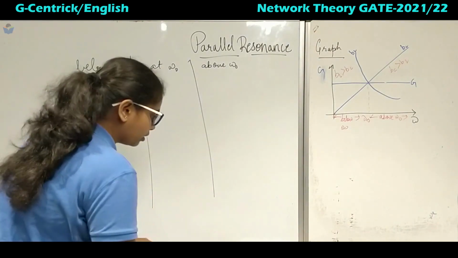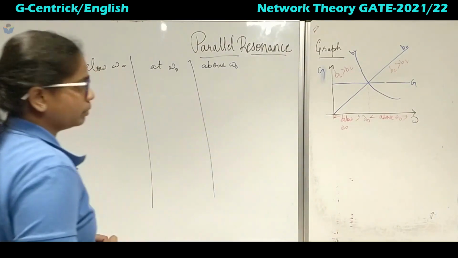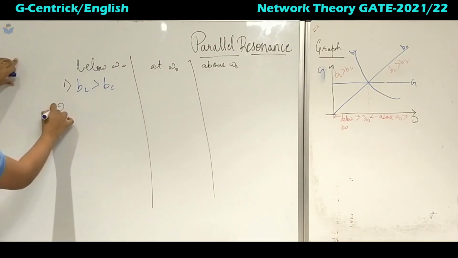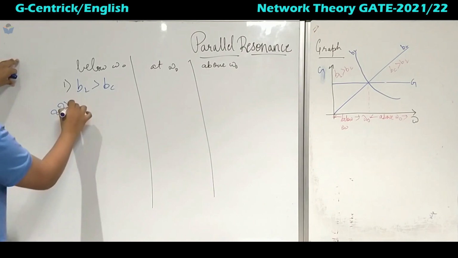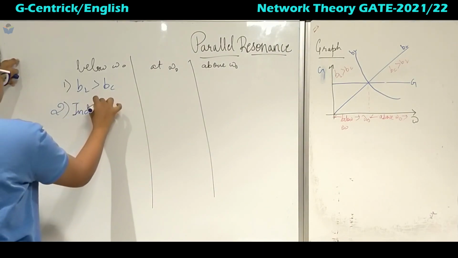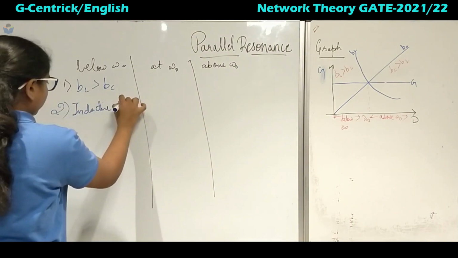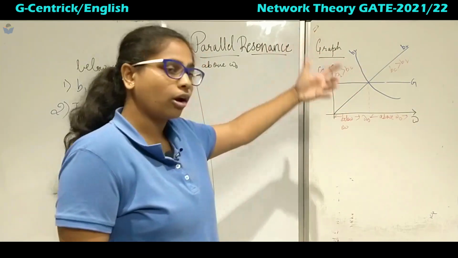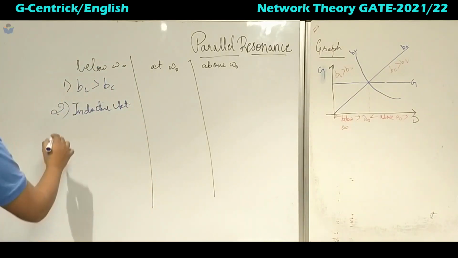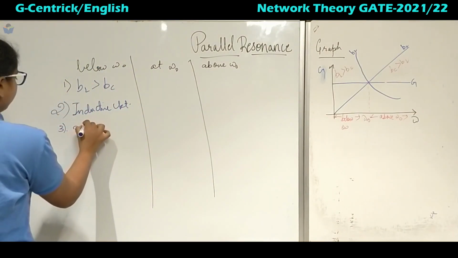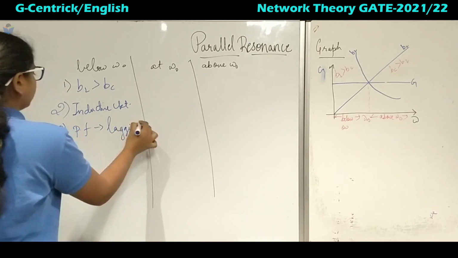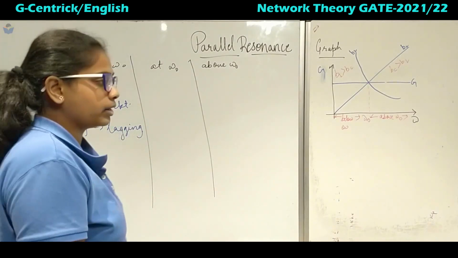First point is BL is greater than BC, right? If BL is greater than BC, then what type of circuit is it? Inductive circuit. So in this case, what will be the power factor? Will it be leading or lagging? It will be lagging. So this is the lagging power factor, right?